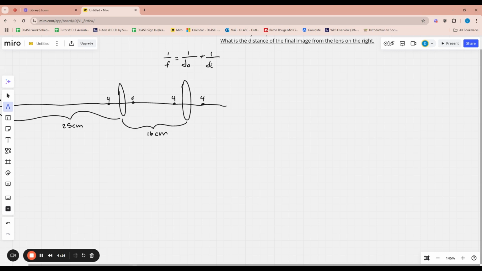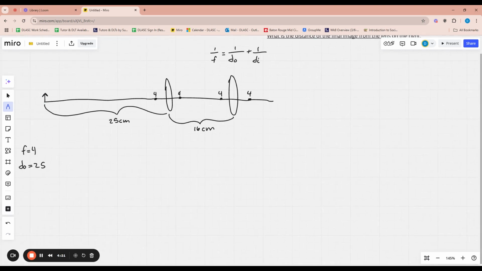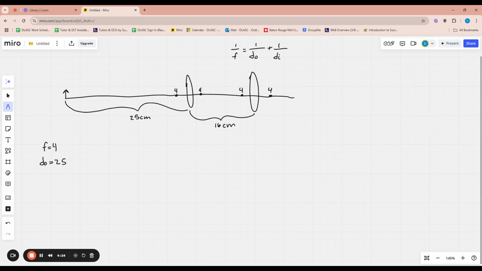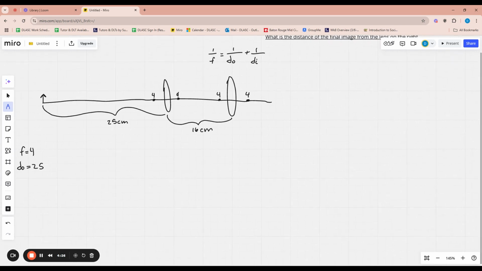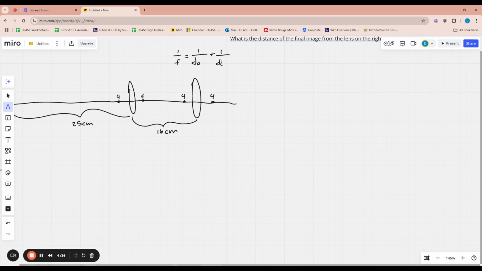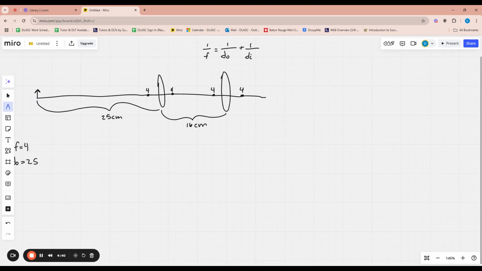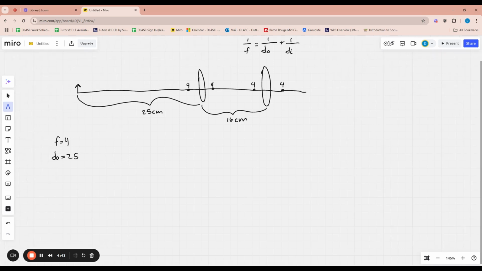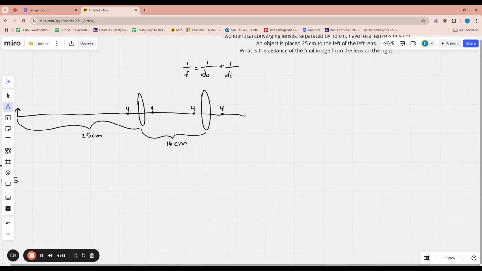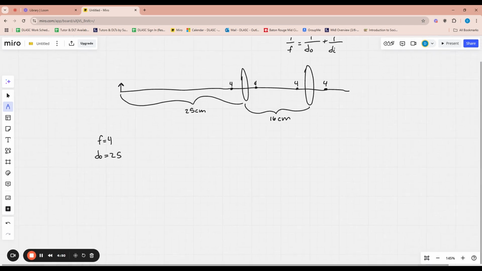I might have misspoken earlier: the image of the first lens will be the object of the second lens. So we're going to have to figure out what d_o is for the second lens to find that final image.